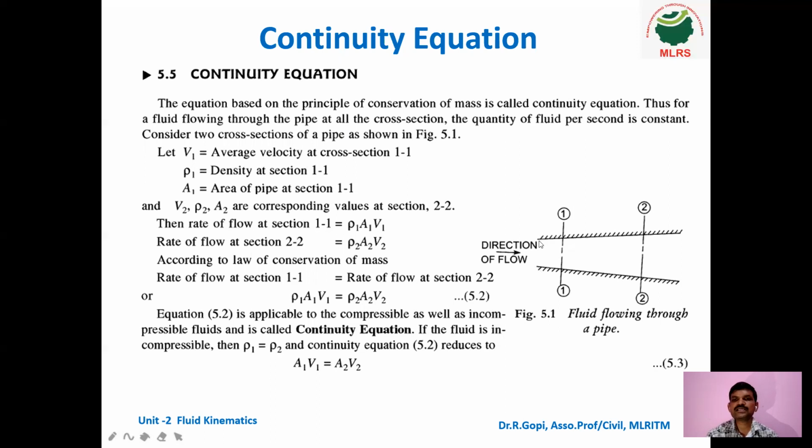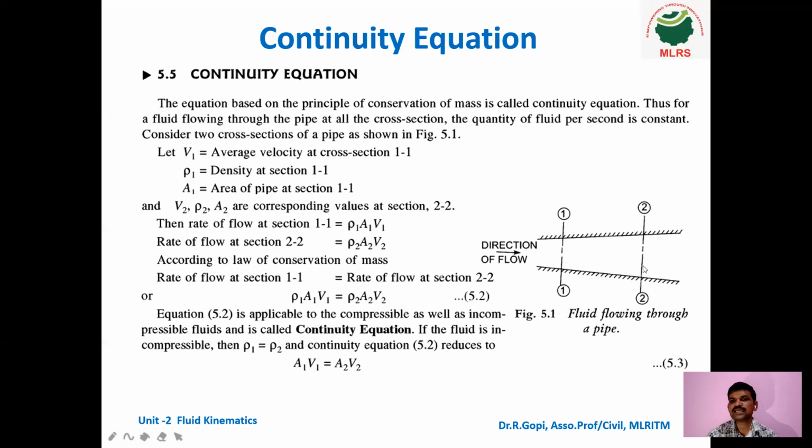Suppose you take a pipe having different cross sections. Here the diameter is less, here the diameter is more. Due to this, velocity will vary. In cross section 1-1, the velocity is more. But if you consider the second section, the velocity is less.